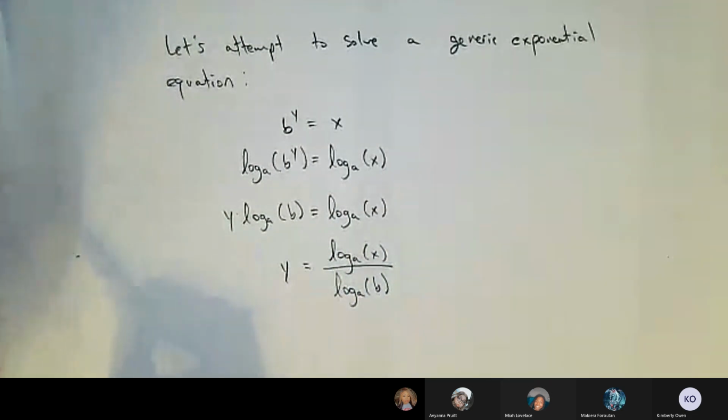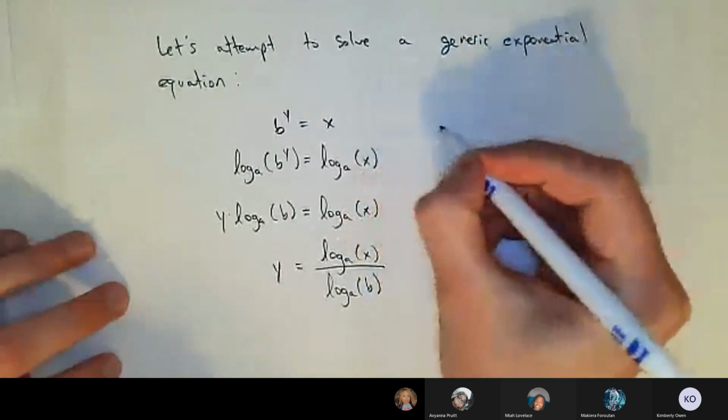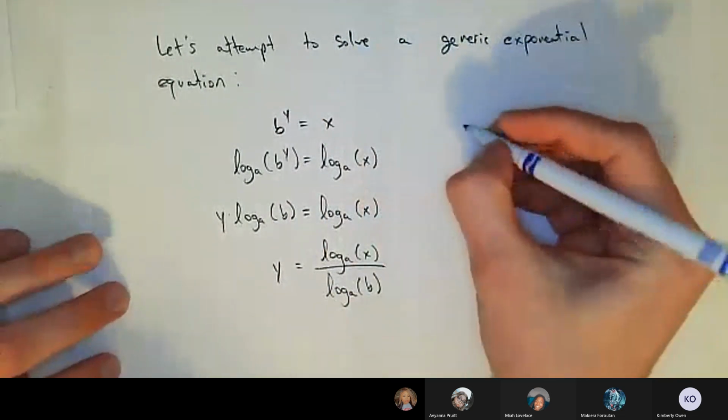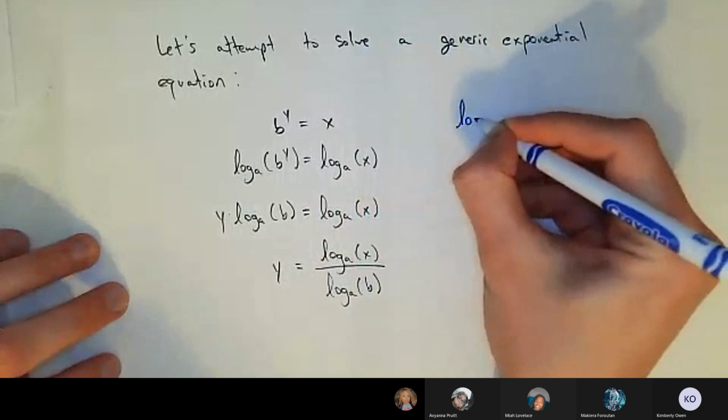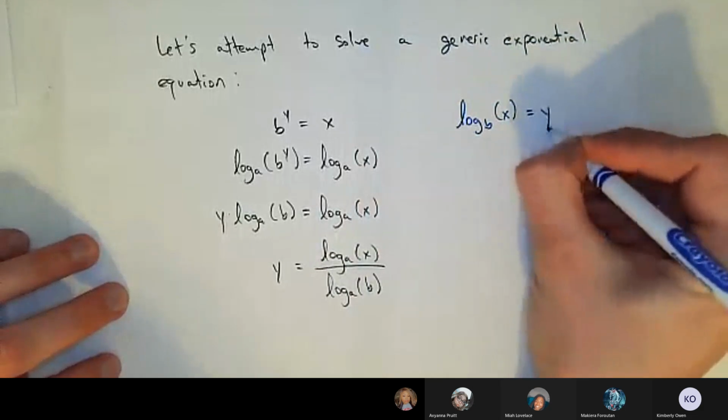But that's still maybe not so great, because what is log base a? Well, also note that from b to the y equals x, that can be rewritten as log base b of x is equal to y.